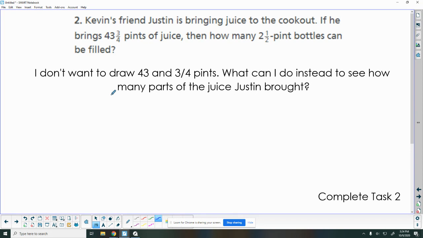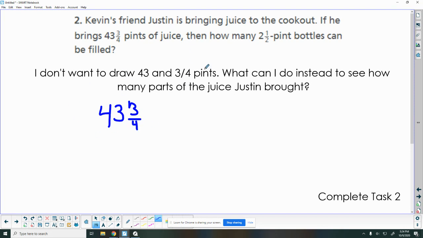It's going to take me a little while to draw 43 things and cut them into 3/4 and then make 2.5 groups of each of those. We can do this a lot faster. So let's first set up our problem, 43 3/4. Be sure to write this down with me.